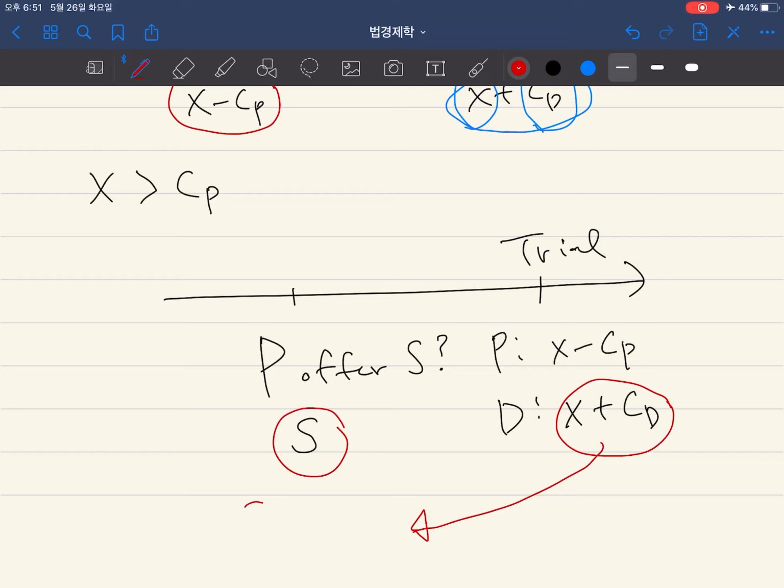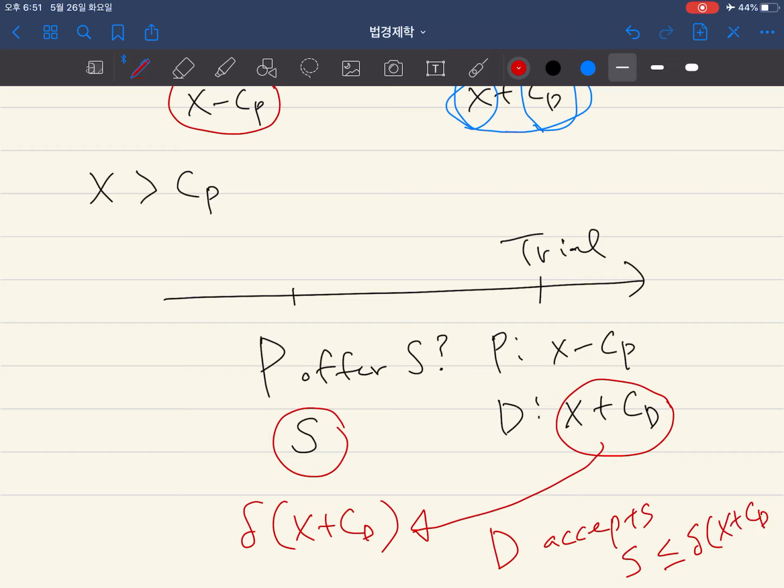He multiplies by the discount factor delta, and then he can compare these two. Therefore, defendant is going to accept plaintiff's offer if S is lower than or equal to the present value of the trial payoff.